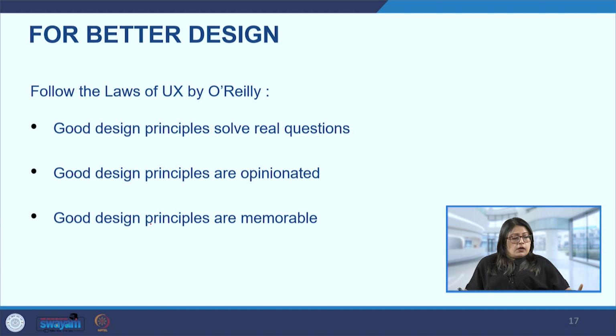that we've identified. The next is that good design principles are opinionated. There may be times when we have to take a stand for a problem. We may not find a lot of support, and there may be people who will not have the same view that we have. This could be at any stage of the design process. It could be at problem identification, it could be at defining, it could be at the methodology stage, it could be at any stage where we are.